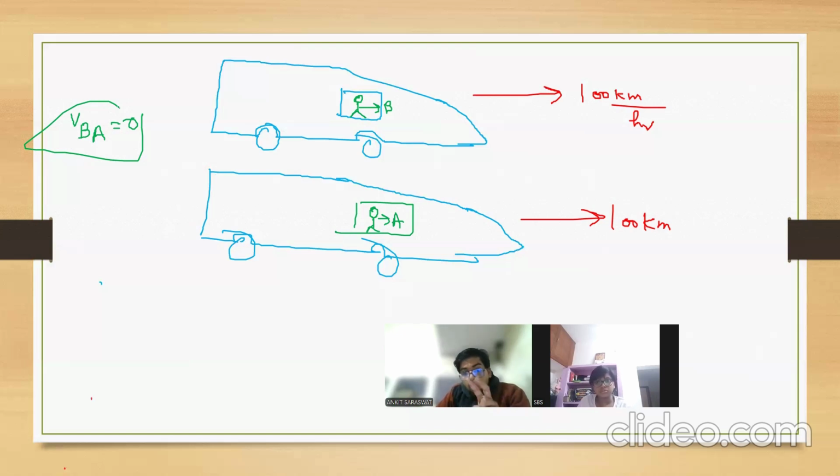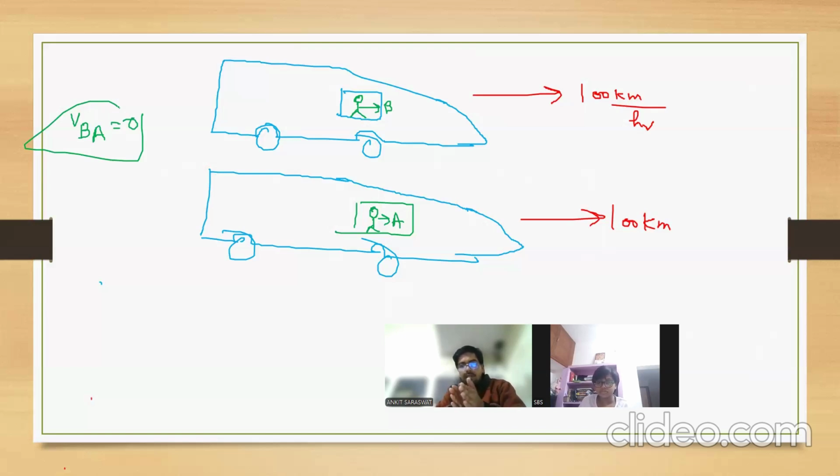Sometimes you have seen two persons moving on bikes. This is one bike, second bike, and they are moving like that with the same velocity. This person moves from his bike to the next bike. They can exchange their position only when they are moving.